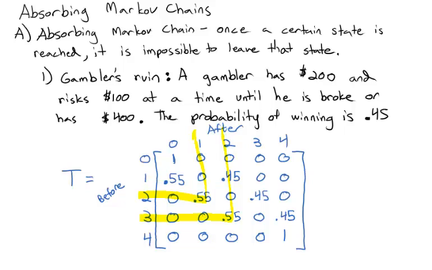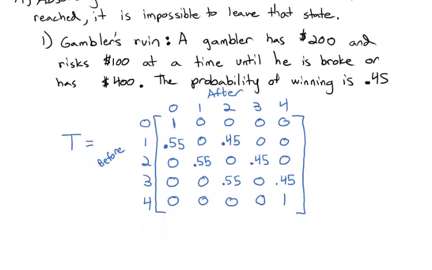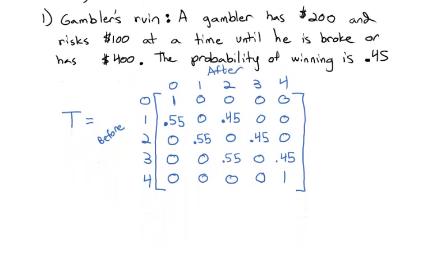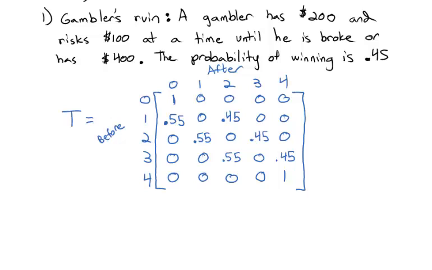And so from game to game, he's going to bounce all over this matrix until eventually he reaches what's called the gambler's ruin. Either he doubles his money to 400, or he loses all of his money to 0, and once he reaches that point, he stops. So, if that models game to game, what we might be interested in is the long-term trend.